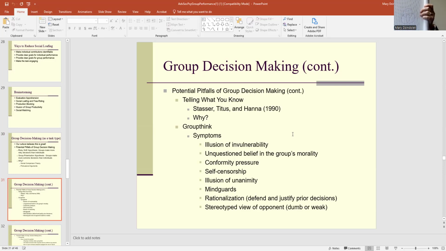So for example, let's say we're talking about whether we should add a course to the undergraduate program. Well, we might have a full-time faculty member, this circle here. This is all the information they have.